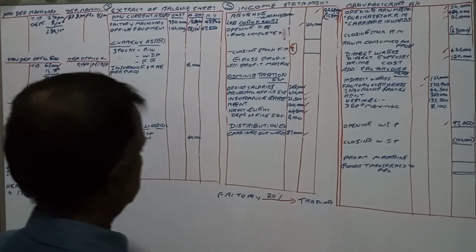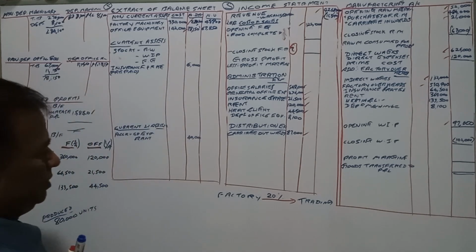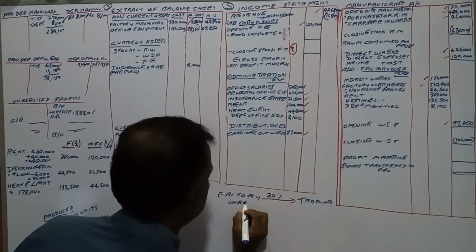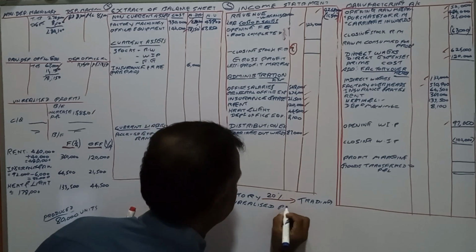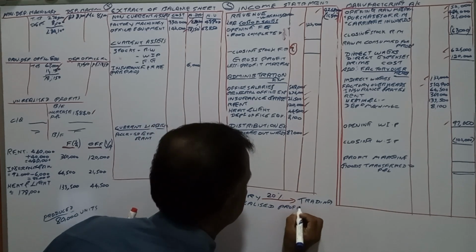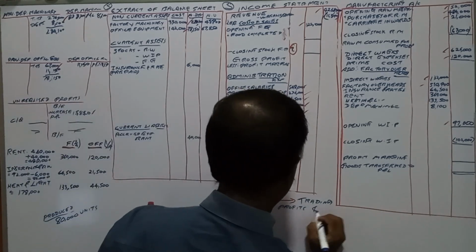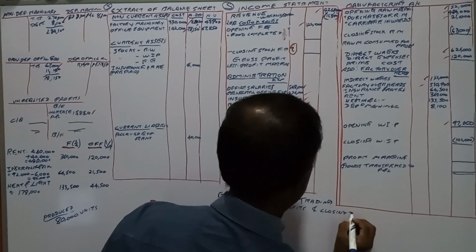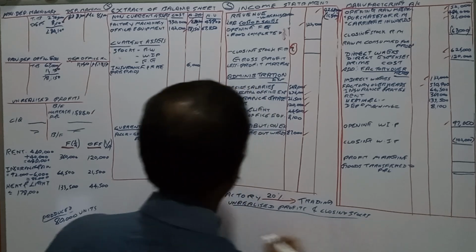Finished goods opening stocks and calculation of unrealized profits, right? Unrealized profits and closing stocks.